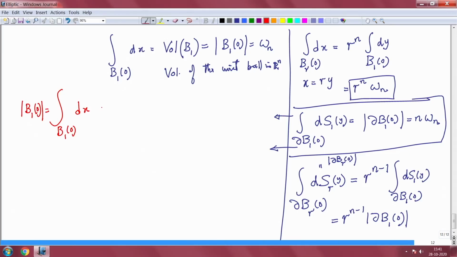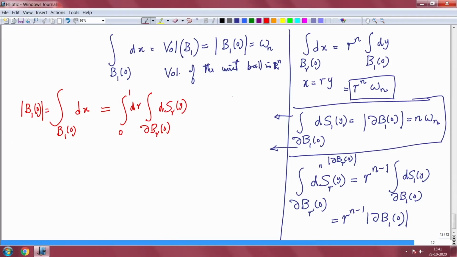So, this you use Fubini. This is nothing but integral from 0 to 1 dr, integral over the sphere of radius r of 0, dsr of y.